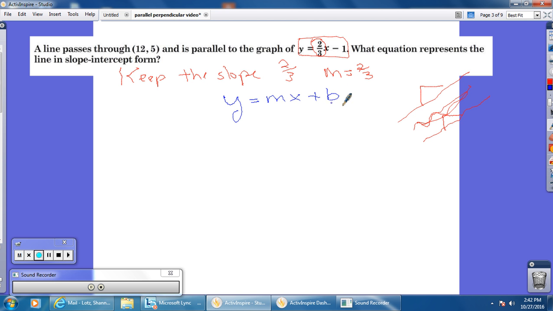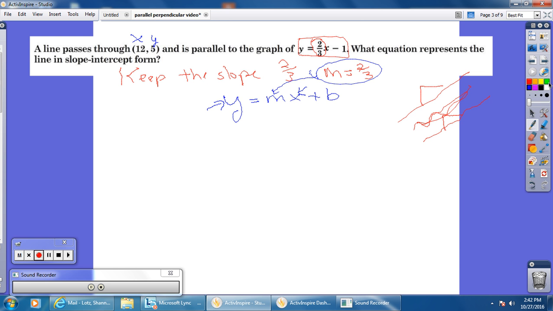I have the slope. So now I just need to find out where that second line is going to cross the y-axis. You guys know how to do this now. I'm going to take that point, x and y, and plug it in here, and I'm going to use the slope and plug it in for m. So my y is 5.